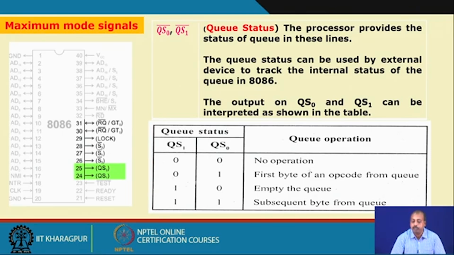The queue status can be used by an external device to track the internal status of the queue in the 8086. If you want to know about the instruction fetch, decode, execute cycles, you can keep a watch on the QS0 bar and QS1 bar lines. The outputs are interpreted as shown in this table, that is no operation or first byte of opcode from queue, and so on.